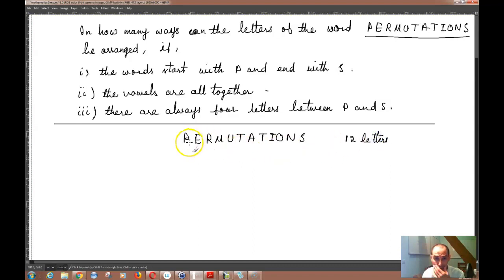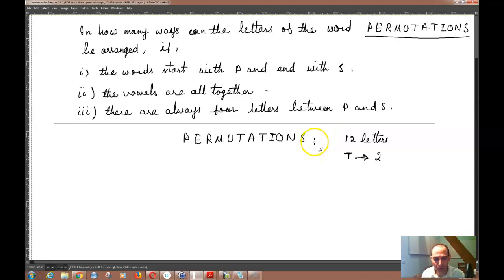So you have P appearing once, E once, R once, M once, U once, T twice, A once, I once, O once, N once, S once. So the only letter that appears more than once is T.